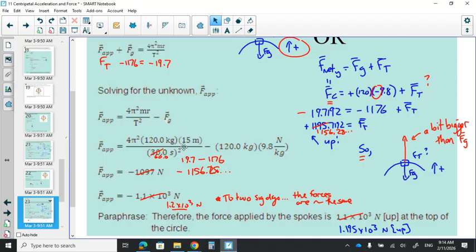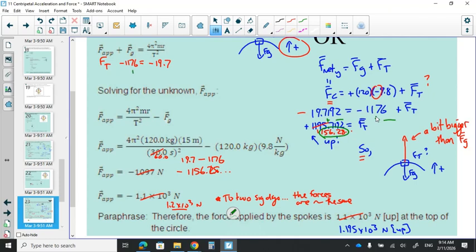All right, all fixed. I'll show you what I looked at here. I went back up to the original, and my tension force needs to be whatever it ends up being. I've got my gravity down. I've got my centripetal acceleration down. And so when you add to both sides, we end up with exactly what I'm ending up with here. I end up with this correct number now, not the one I had by accident.